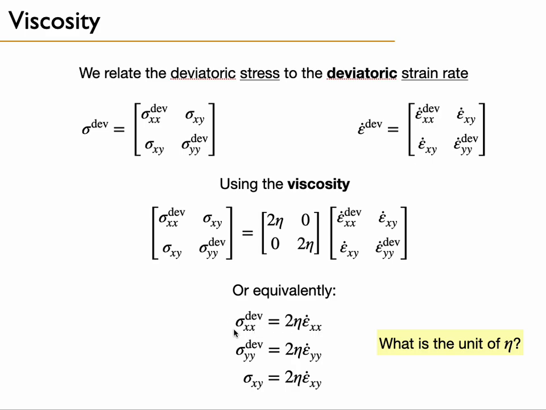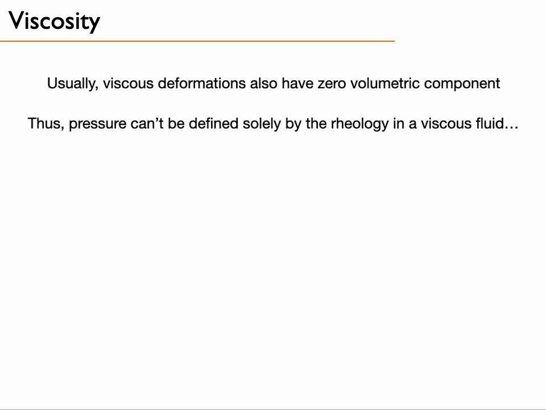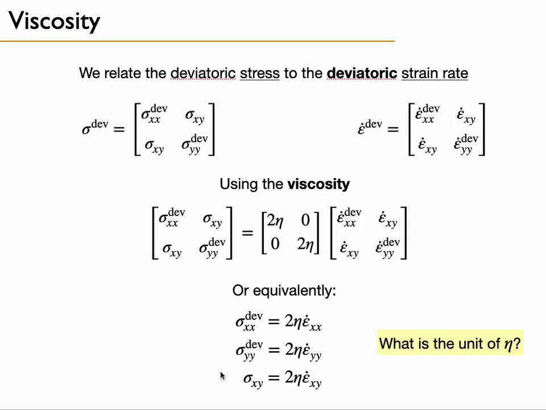Stress has unit Pascal, therefore eta needs to be of unit Pascal times second. Usually the viscous deformation has a negligible volumetric component, so the pressure cannot be defined solely by the rheology in a viscous fluid. So we mostly keep on going with the definition of the deviatoric stress.